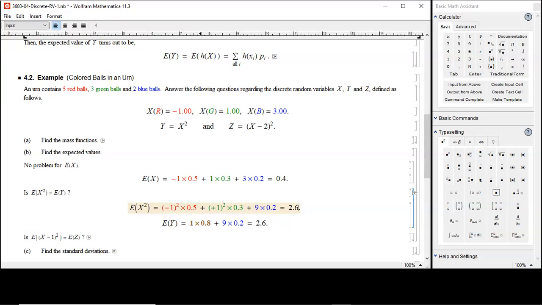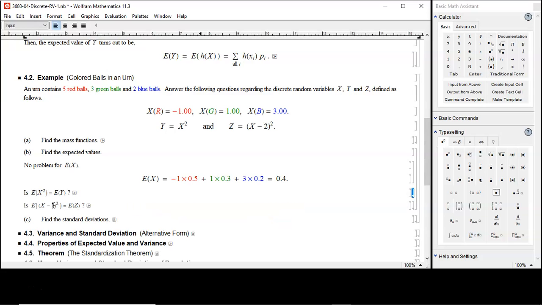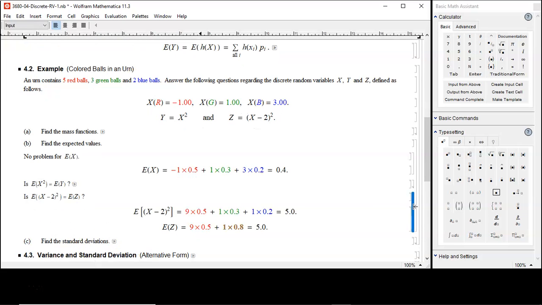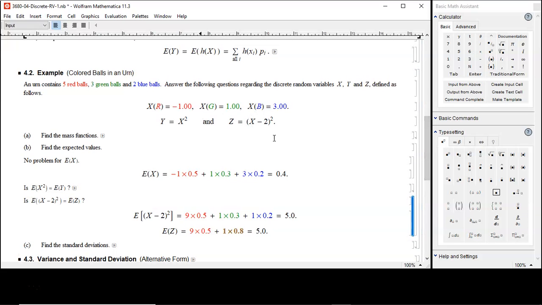Now how about this? Shouldn't be x minus 2 squared actually, sorry about that, that's a typo. So now as for z, I can do x minus 2 squared, that function. So here, negative 1 minus 2 squared, that's for red because I'm doing x minus 2 squared.